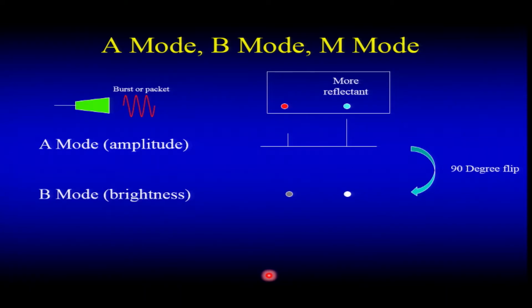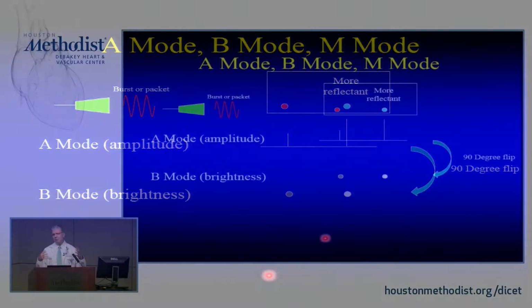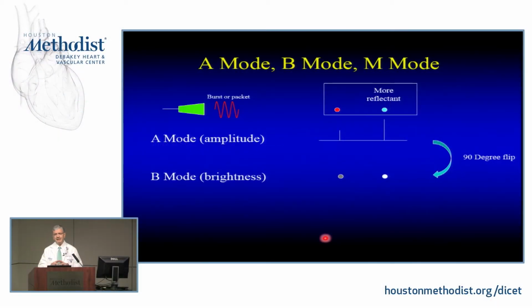So then the more reflectant one will be brighter compared to the other one. Now, intuitively, we started thinking of, oh, more bright means, I'm taking an example, more calcium, meaning more fibrosis, meaning more whatever it is, compared to a few red cells that barely reflect anything, or a soft myocardium that is nice and soft, right?